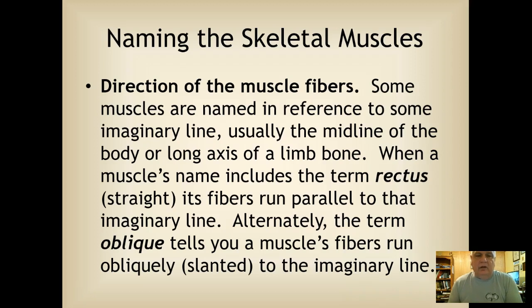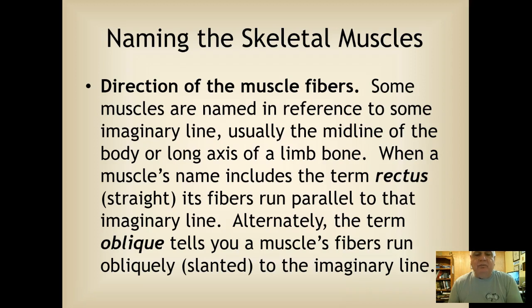One criterion for naming skeletal muscles is the direction of the muscle fibers. Some muscles, as you can see here, are named in reference to some imaginary line, usually the midline of the body or the long axis of a limb or of a limb bone. When a muscle's name includes, for example, the term rectus, rectus means straight.